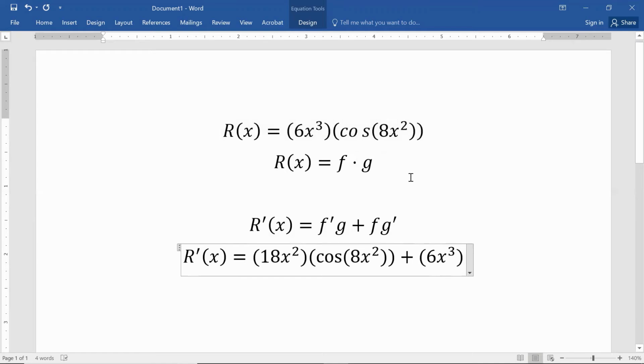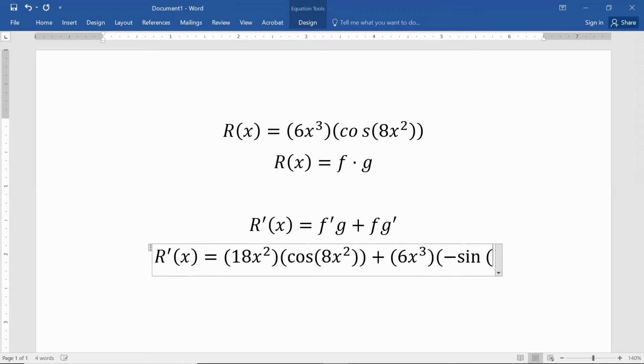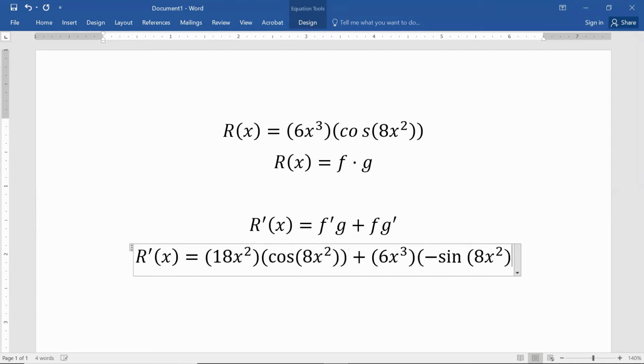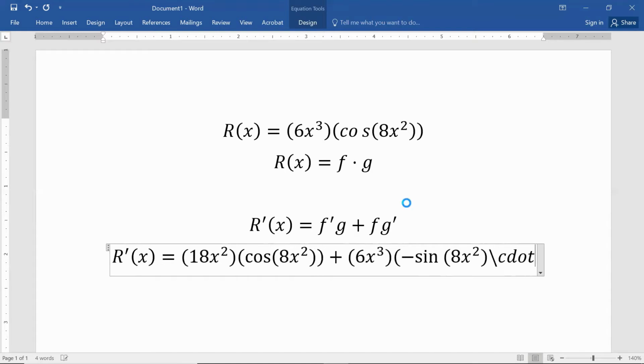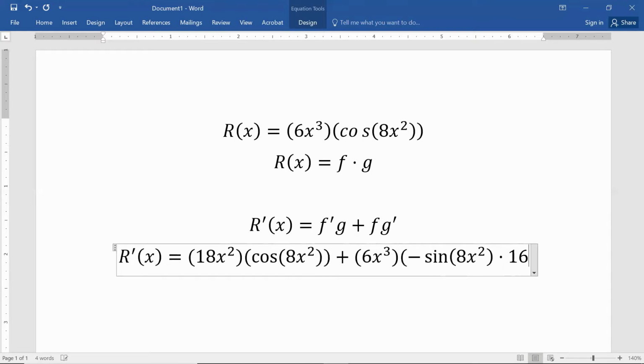Now, the derivative of cosine is negative sine, but we have an argument on the inside. So in order to take the derivative of g, we need to apply the chain rule. So it's negative sine of 8x squared multiplied times the derivative of the inside function, which is 16x.